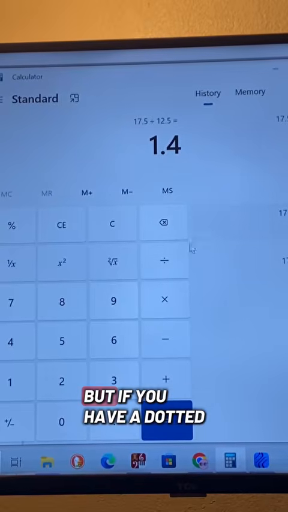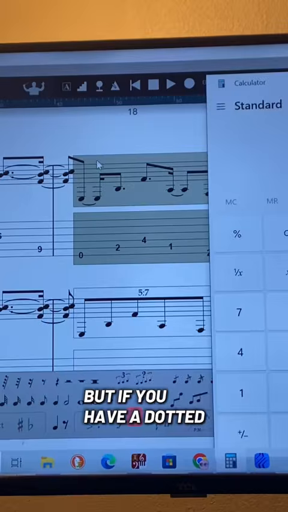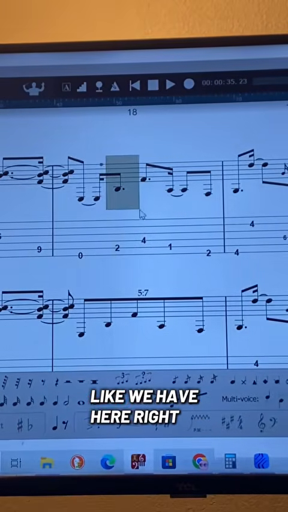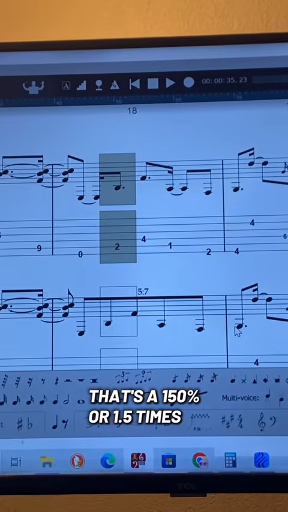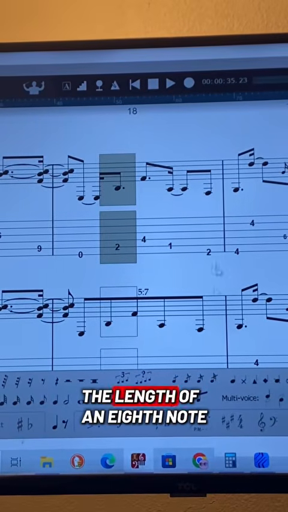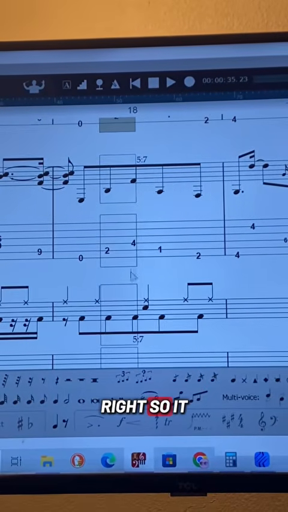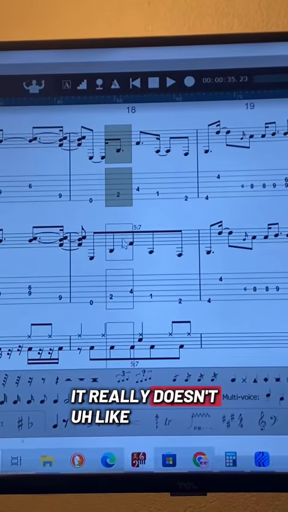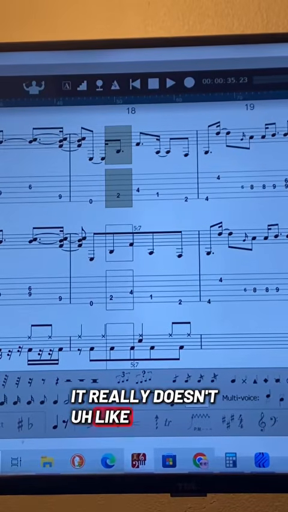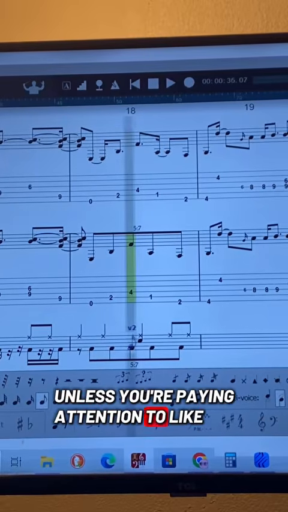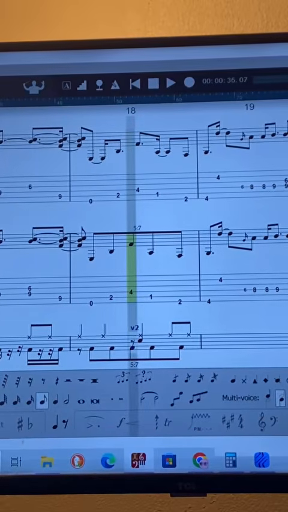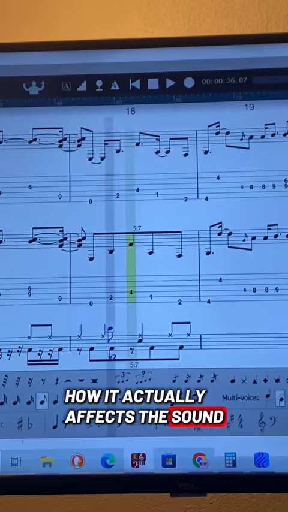But a dotted eighth note, like we have here, is 150%, or 1.5 times the length of an eighth note, right? So it doesn't matter all that much unless you're paying attention to how it actually affects the sound.